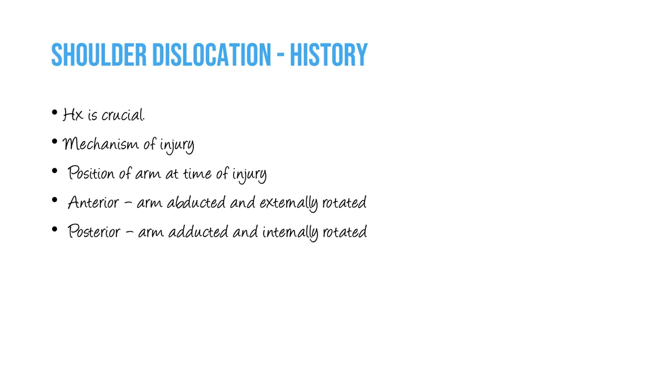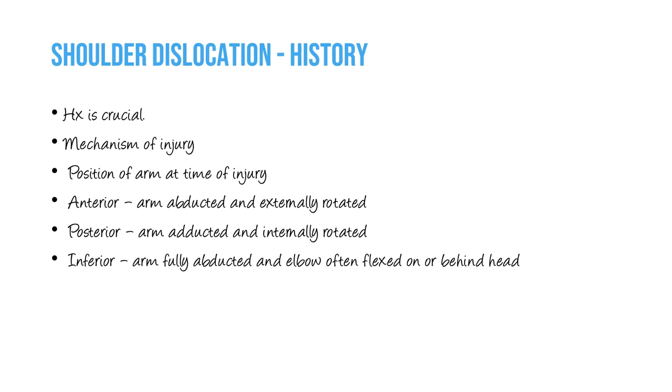Whereas in a posterior dislocation, the arm is adducted and internally rotated when the force happens. In inferior dislocation, the arm is fully abducted, so outside, and the elbow is often flexed on or behind the head. So anterior: arm is outside, abducted and externally rotated. Posterior: arm is adducted towards the body and internally rotated. And inferior: when it's abducted and the elbow is flexed or behind.